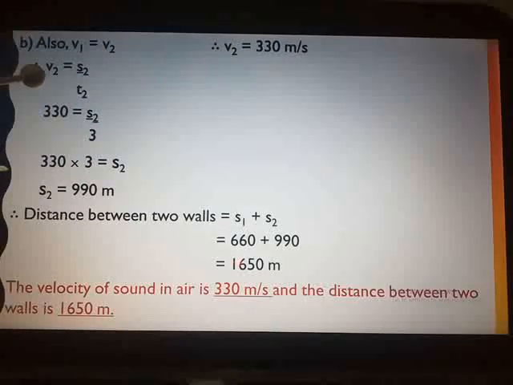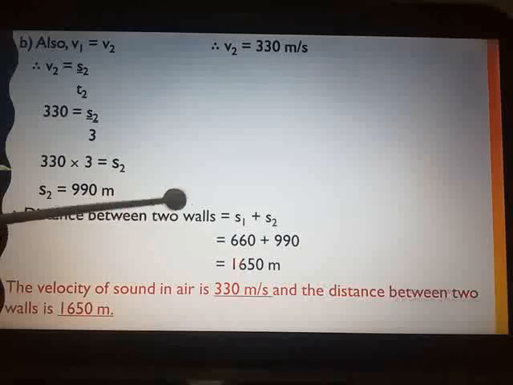Using this value of V2, substitute in the same formula S2 upon T2. V2 is 330. Why is it same? Because speed of sound in air will be same. And what is V1? Your velocity of sound in air. So 330 is equal to S2 upon 3. When you cross multiply, you will get the next distance as 990 meters. So distance between the two walls is what?